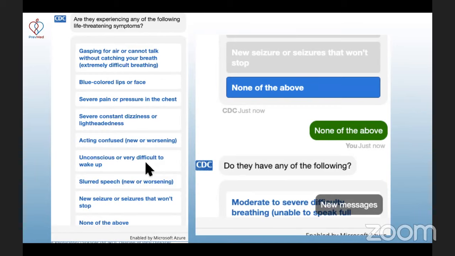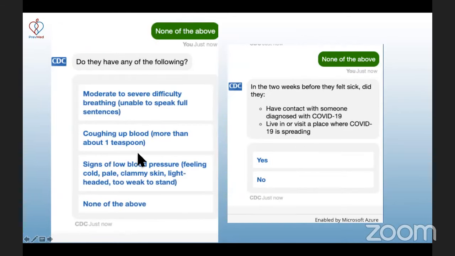So, slurred speech, etc. If you have none of the above, then they ask you a next set of questions. Moderate to severe difficulty breathing, unable to speak full sentences, coughing up blood more than a teaspoon, signs of low blood pressure, feeling cold, pale, clammy. And I hit none of the above.